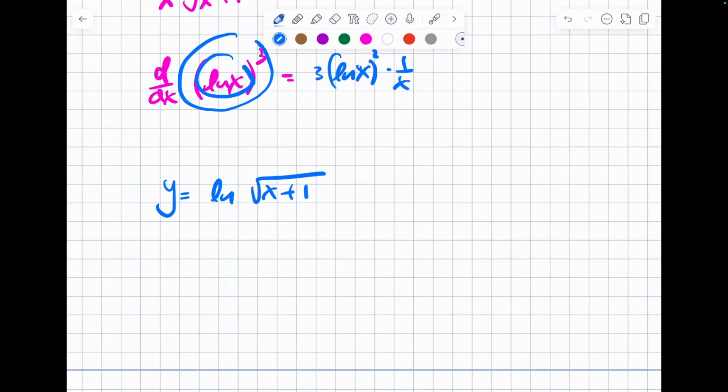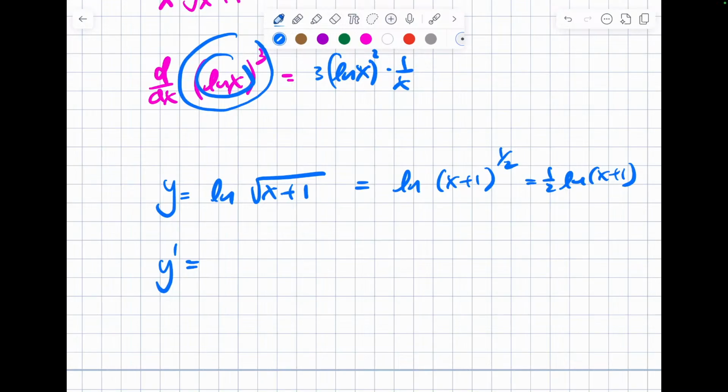So let's take a derivative of this. What is y prime? But before y prime, I'm going to take the 1/2 power first, and that's 1/2 natural log of x plus 1. I didn't do anything in calculus, I just did algebra.